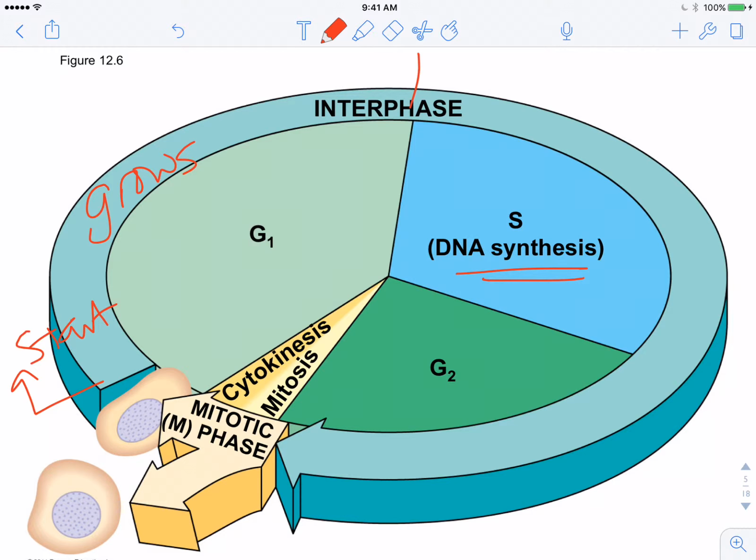That's the first step it takes to prepare to divide. And then if it enters into G2, we prep here for M, for cell division. And then the cell enters M phase. It undergoes mitosis, followed by cytokinesis. Then we have two cells, and each of them starts the cell cycle again.